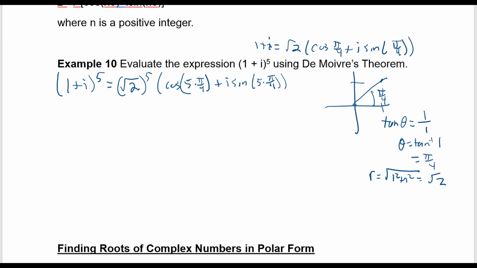Okay. So basically we have 2 to the 5 halves power times cosine of 5 pi over 4 plus i sine of 5 pi over 4.